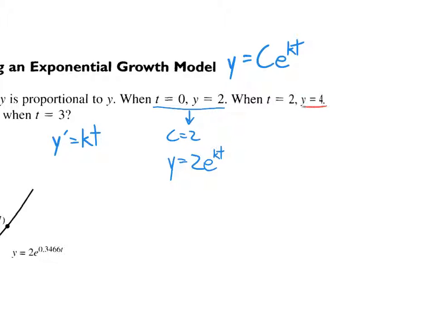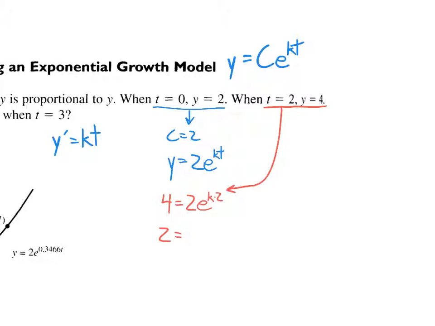Use this other point that they've given us to determine the k. We need the rate of growth. So I know y equals 4 when t is 2.